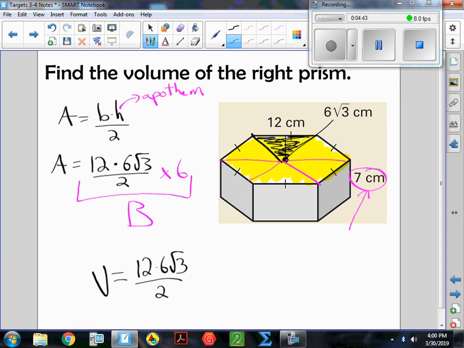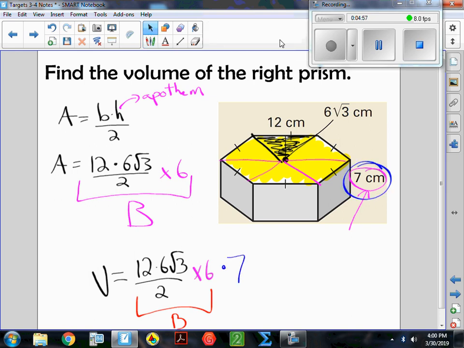That's the area of one triangle, times 6 for the number of triangles in a hexagon. So this is all your B. And then times your height, so times 7. And volume is always given in cubic units, so centimeters cubed. All right, that's it for volume of a prism.